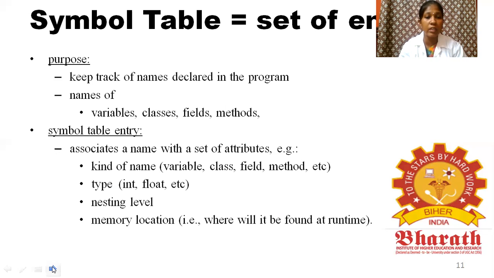Each class has a name, a field has a name, a function has a name, so all these come under the kind of name. Next come integer, float, double, character; everything comes under type. Next we have memory location, and so on. So the symbol table entry consists of this set of attributes.